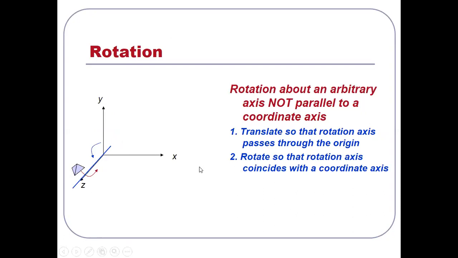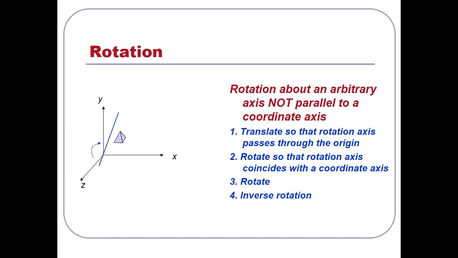This second step itself has two sub-steps, 2a and 2b, which I'll talk about in a bit. Third step is rotate this object with respect to the z-axis. The object was something like this. Now if you rotate via the z-axis, we already know the formula for a coordinate axis. So rotate it, it will come like this.